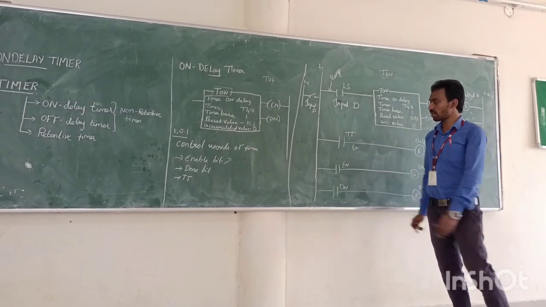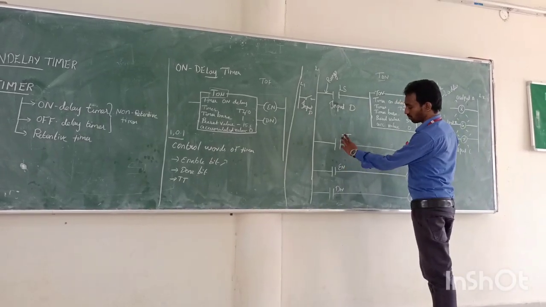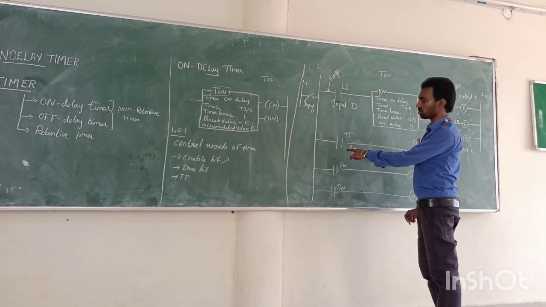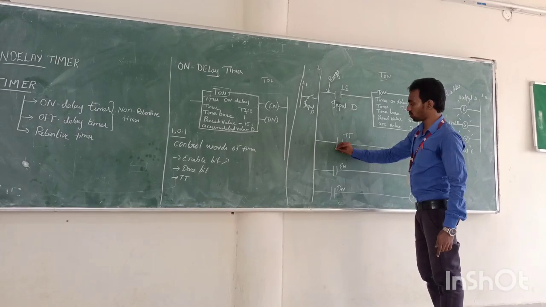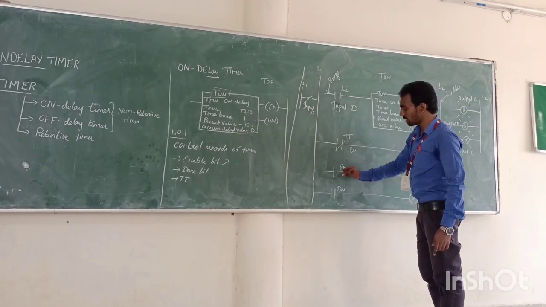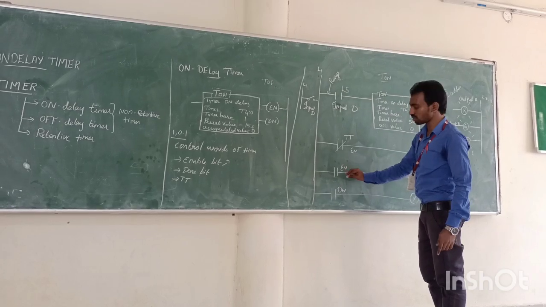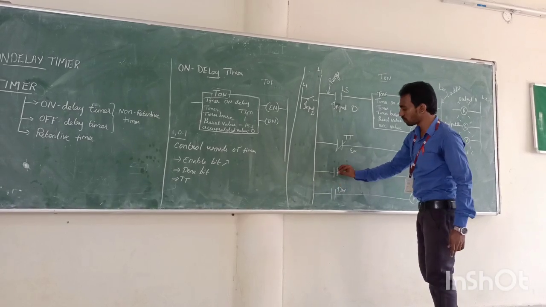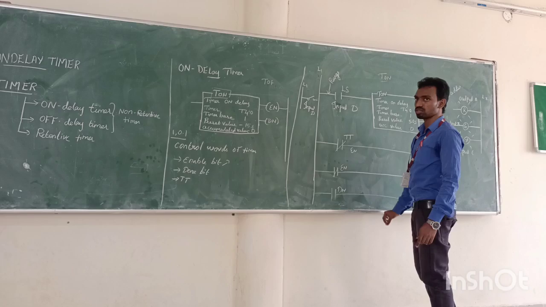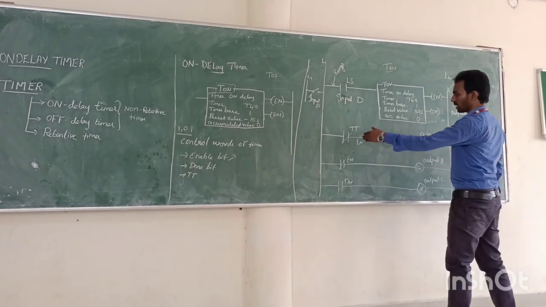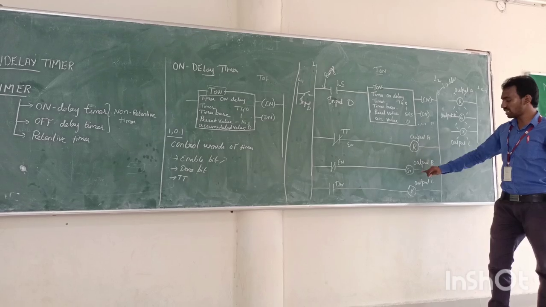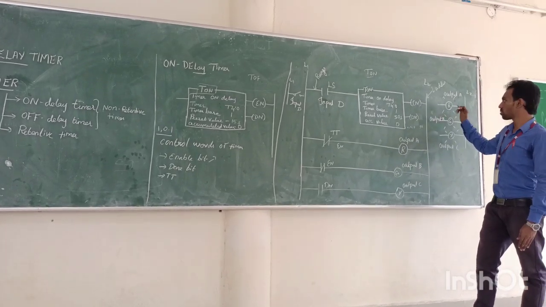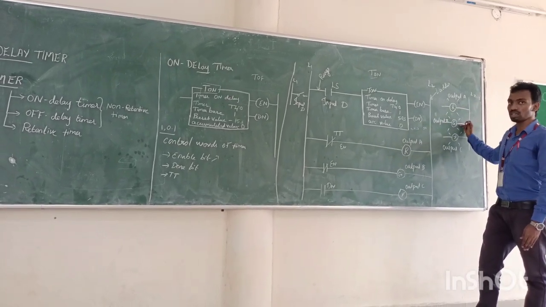The switches we are using here are open switches, so the open switch will get closed. Here we are also using the enable bit address with an open switch, and this open switch also gets closed. So the power supply will pass, and the red light and the green light will be turned on.